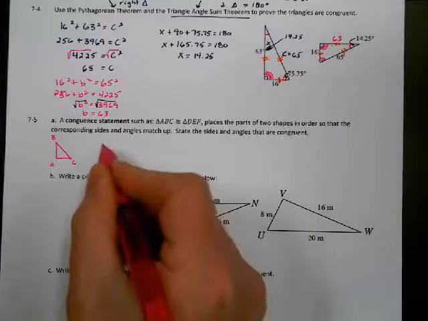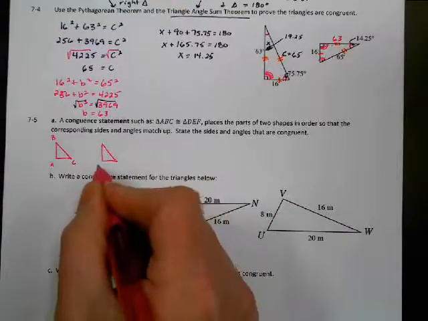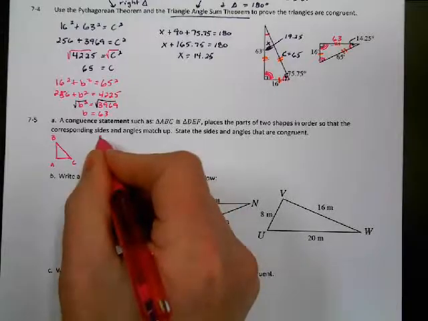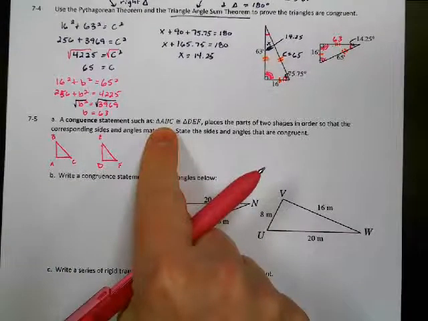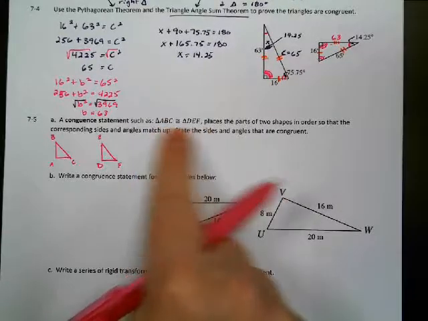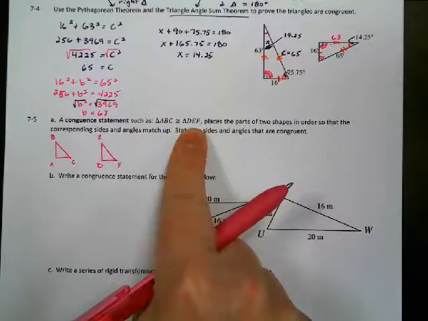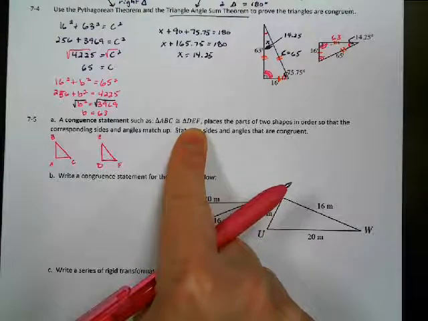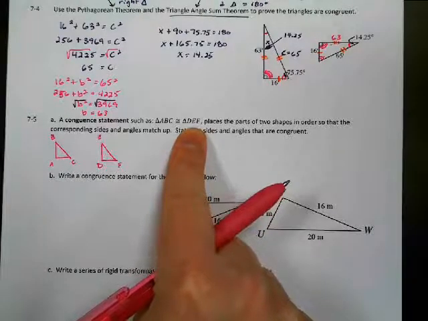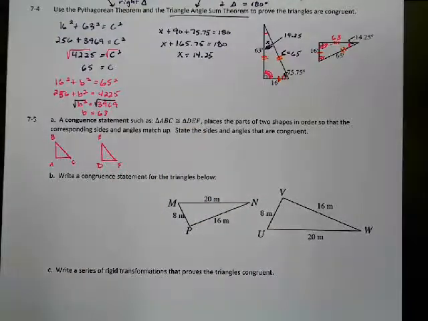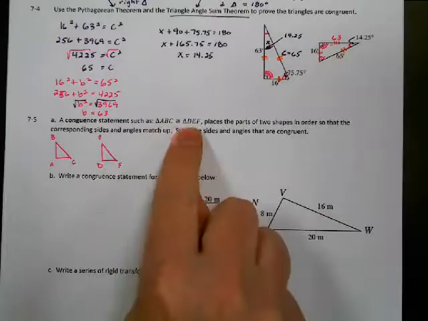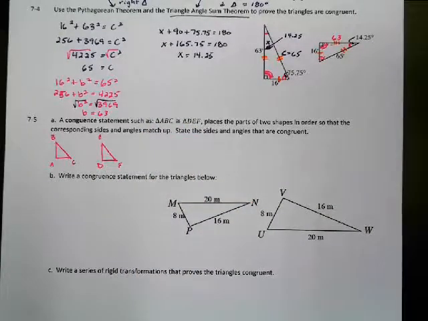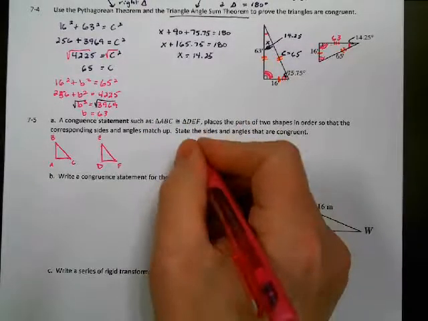Okay, since we have this congruent statement that says that these two triangles are congruent, remember congruent means they have the same lengths of their sides and the angles are exactly the same. So since A goes with D, we can say that angle A is congruent to angle D, because first letter, first letter.